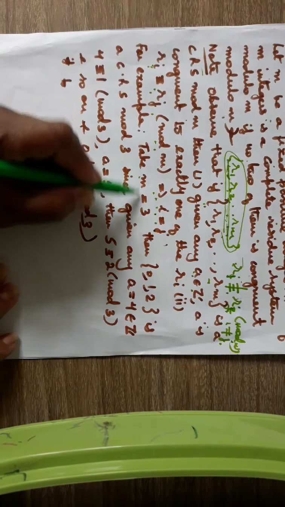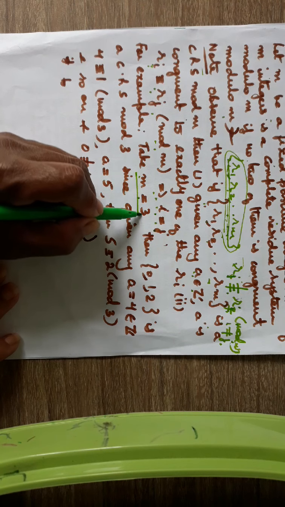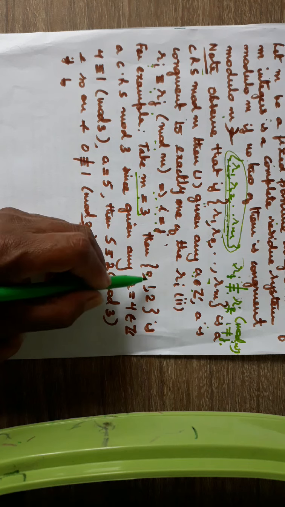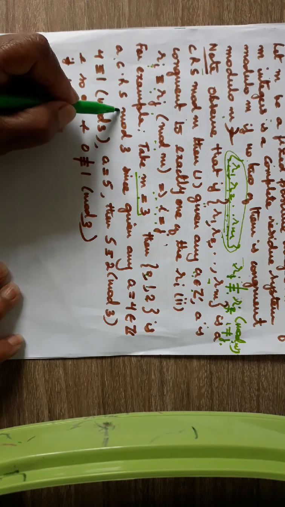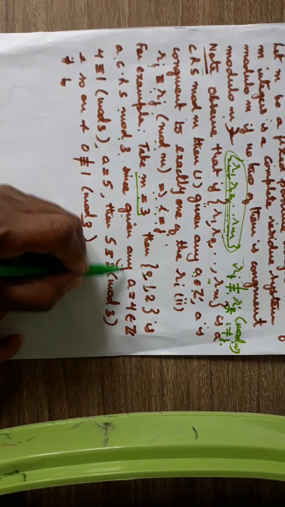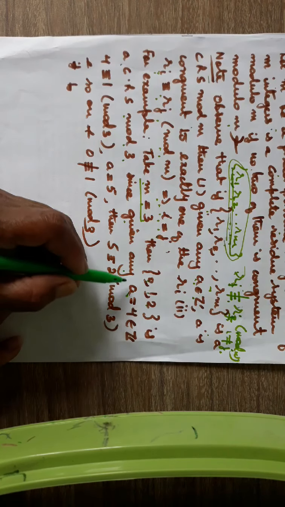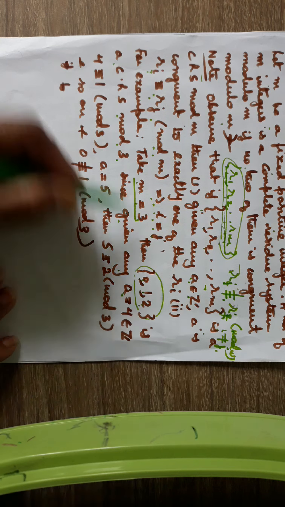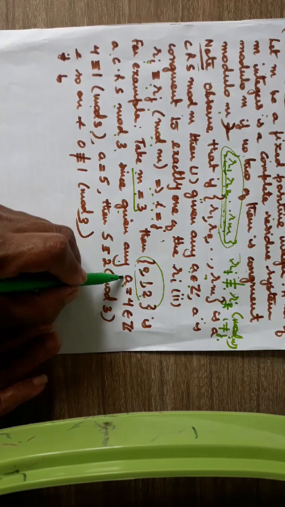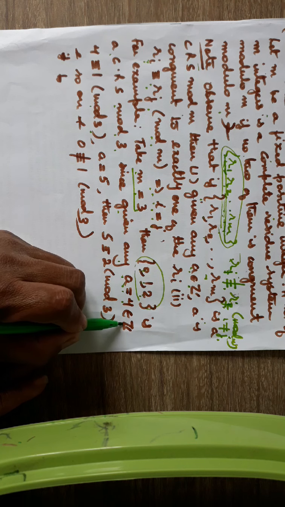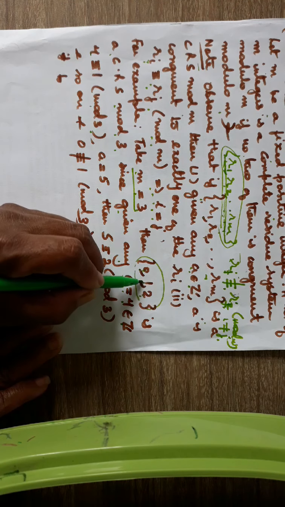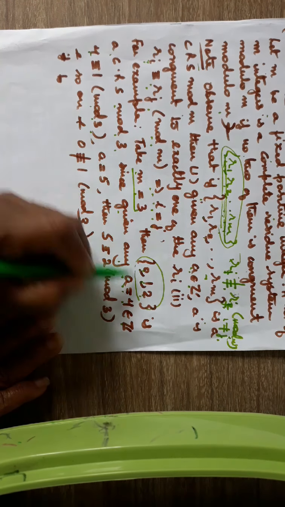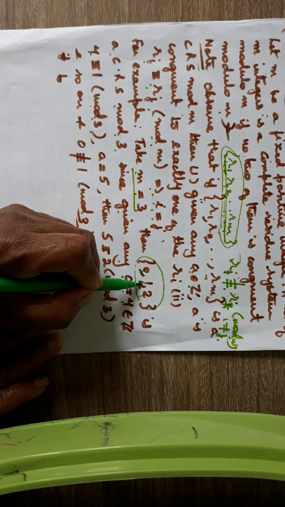For example, take m as a fixed positive integer, that is 3. Then the set of 3 integers 0, 1, 2 is a complete residue system modulo 3, since given any a belonging to the set, a will be congruent to exactly one of these, either 0, 1 or 2 modulo 3. For example, take a equal to 4, an integer. Then 4 will be congruent to 1, because 4 minus 1 is equal to 3, which is divisible by 3, so it is congruent to exactly one of these.